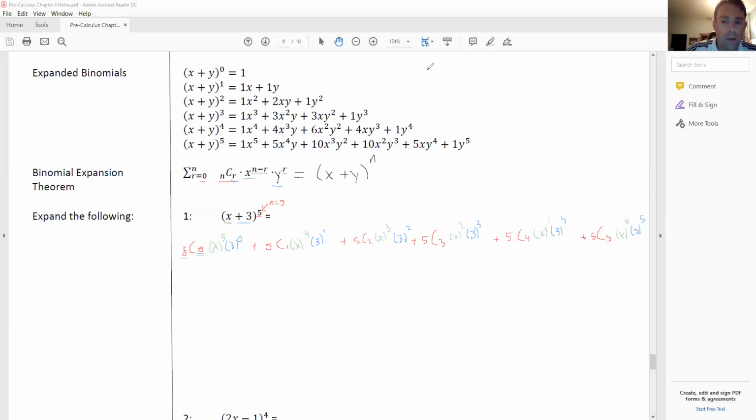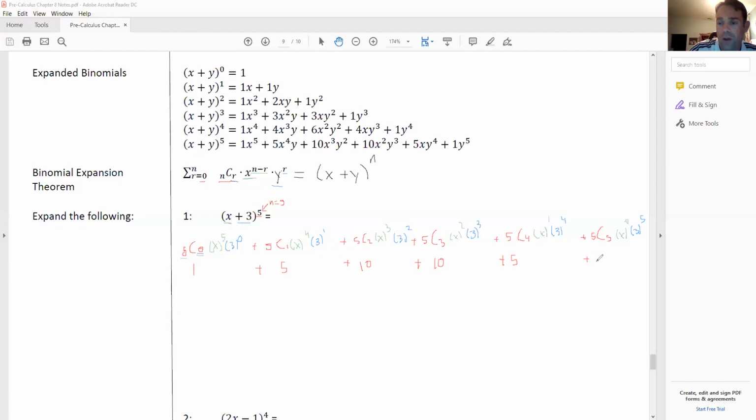So we're going to plug everything into our calculator, or you can use Pascal's triangle. Doesn't really matter. So 5c0, that's 1, plus 5, plus 10. So we get all these values here, plus 5.